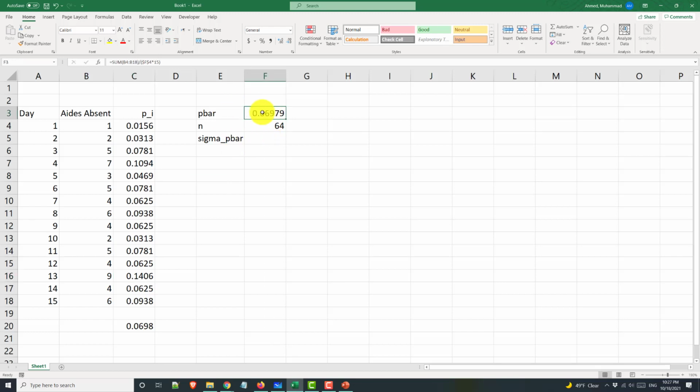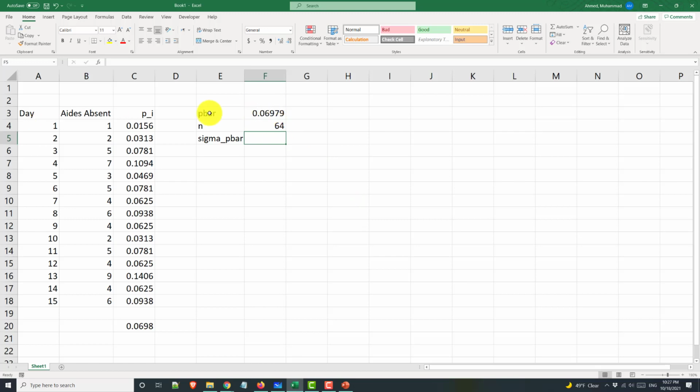But the basic idea is you got this value of P bar with these 15 days of data. If you were to pick a different 15 days, you may get a different value of P bar. And so the value of P bar is going to move around. How much it moves around is estimated by the sigma of P bar, okay? Because the true value may not be 0.069.